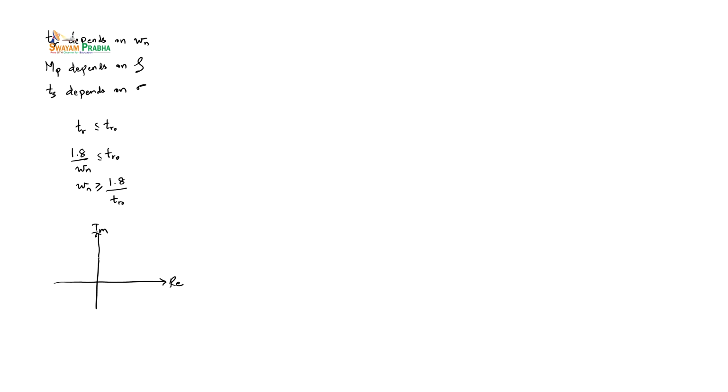So this implies we can draw a semicircle whose radius is 1.8 by Tr0.